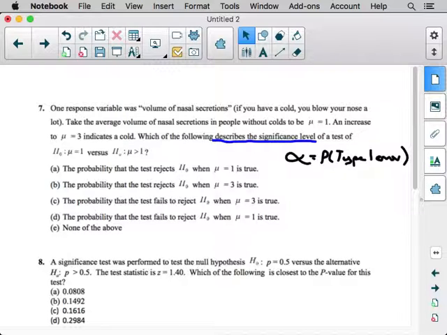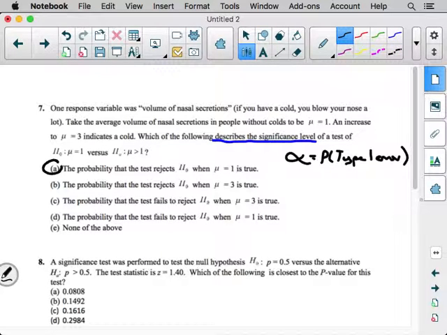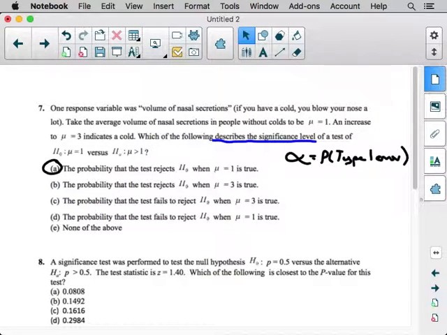The probability test rejects this when it is actually true. Boom. Again, don't worry, there's nothing like that on the test, okay? That's kind of a weird one, but again, I just think it's interesting to talk about to get you thinking in a different way, all right?